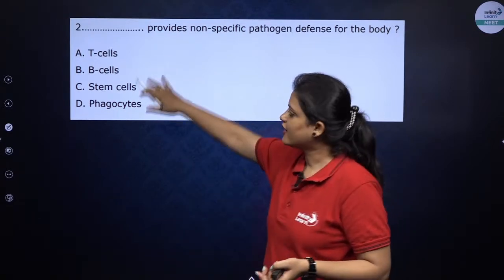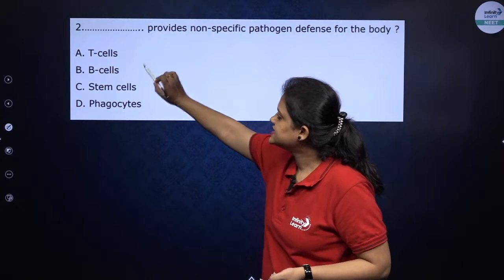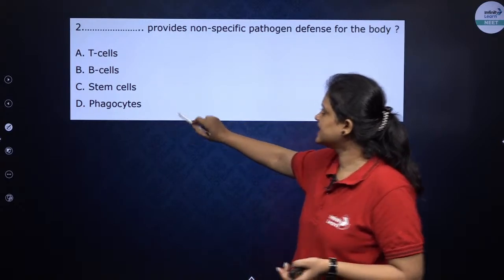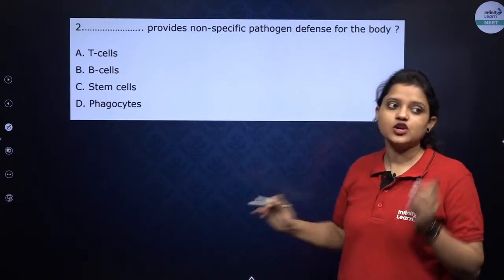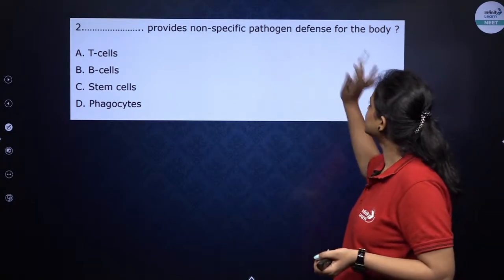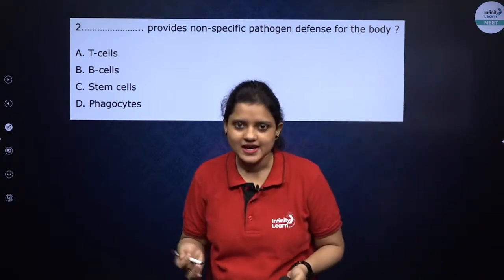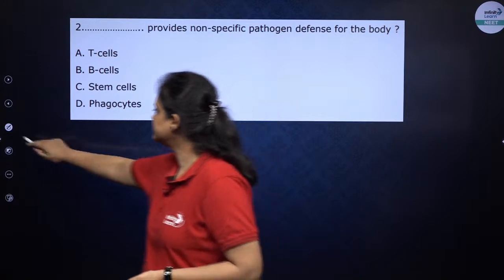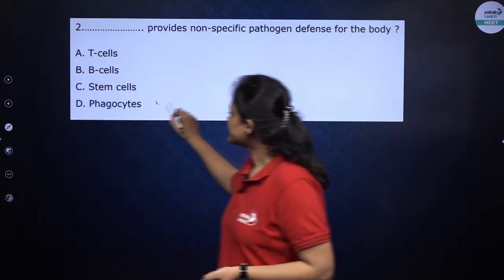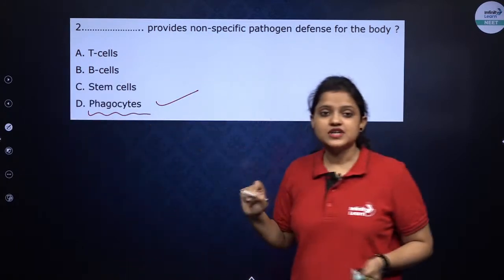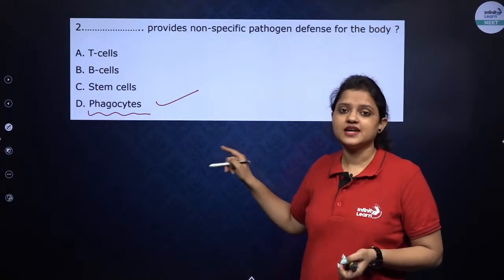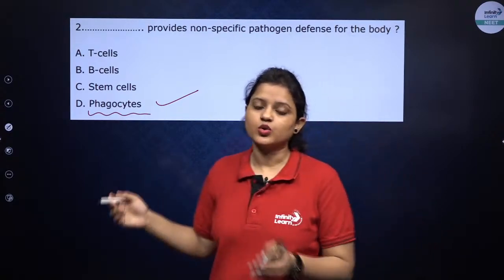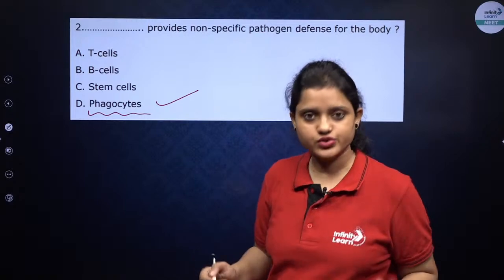So here you have four options: T cells, B cells, stem cells and phagocytes. We need to tell the non-specific type of defense mechanism in our body, and the correct option for this question will be phagocytes, isn't it?